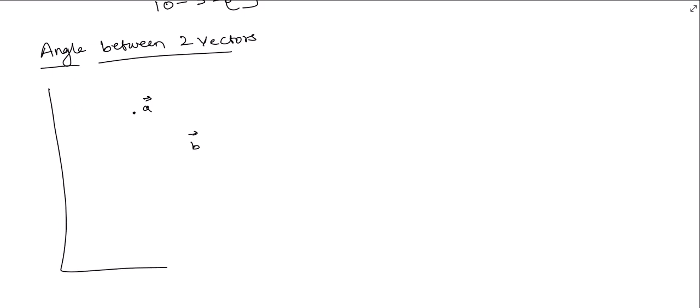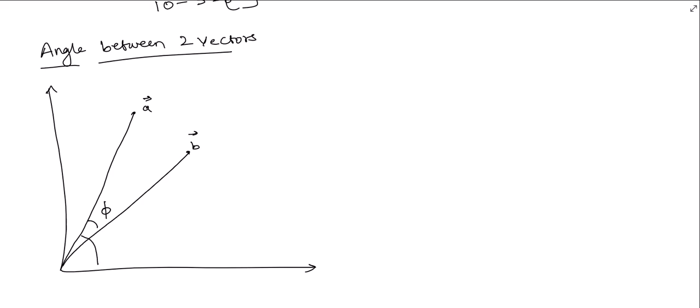By default, we assume that it is from the origin, vector B. Okay. Now I want to calculate phi, this angle. So let's say this is theta 1 and this is theta 2. So we can say that phi will be theta 1 minus theta 2.